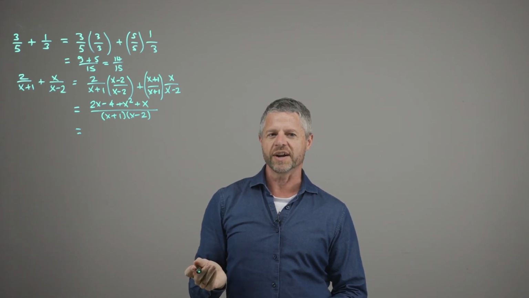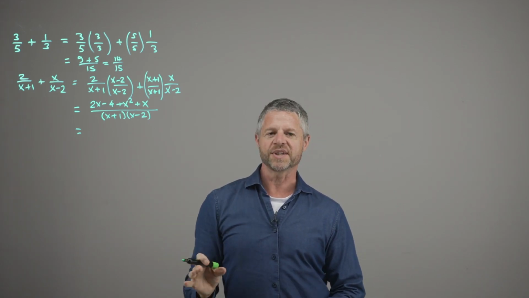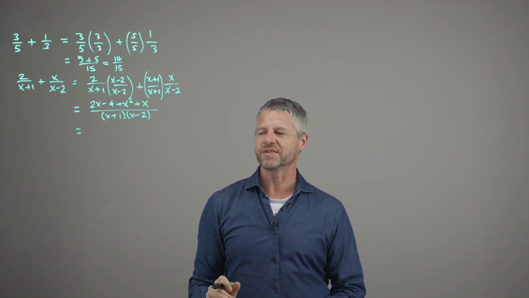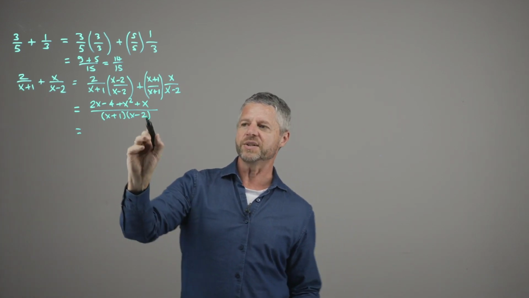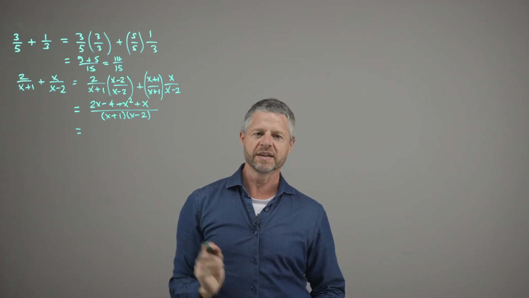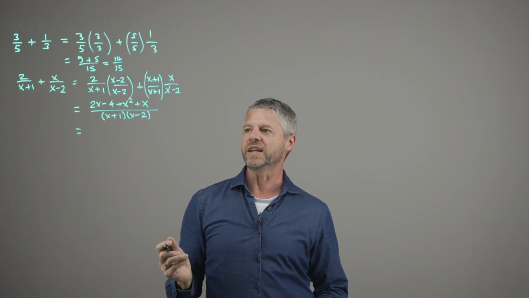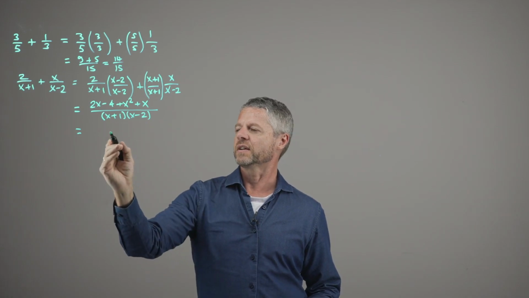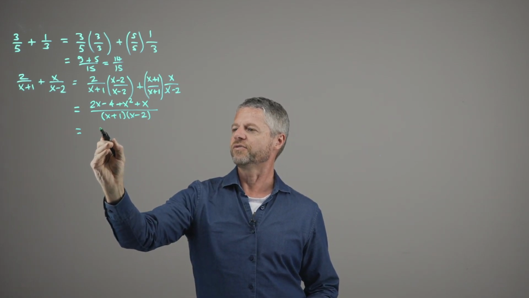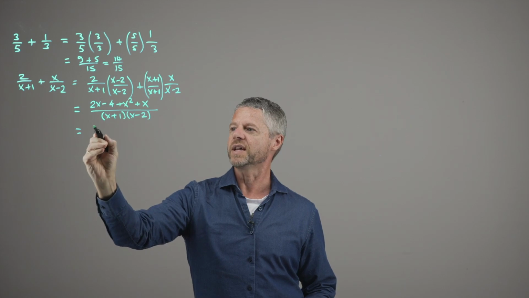That's a quadratic, and anytime we see a quadratic, we're always trying to factor it if we can. In this case, we need two numbers that multiply together to give us minus 4 and add to give us 3. A 4 and a minus 1 would work there.